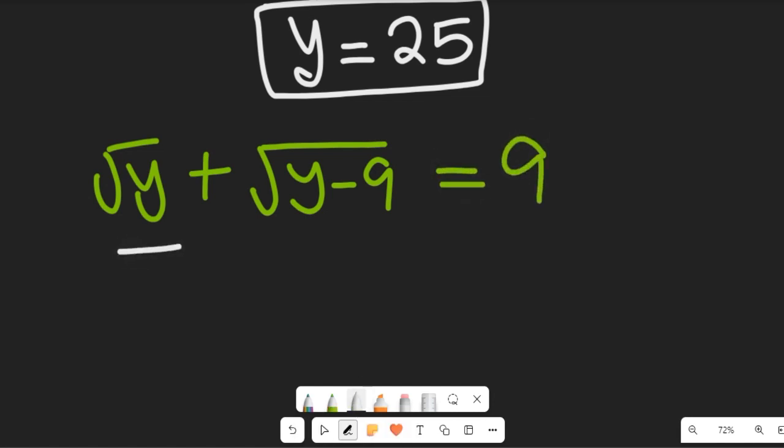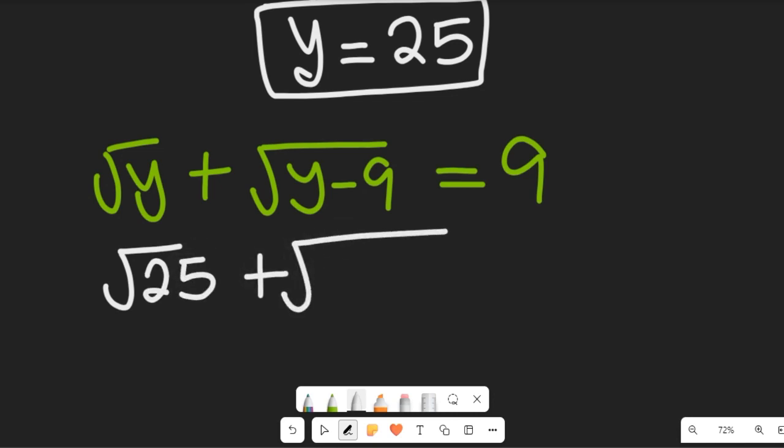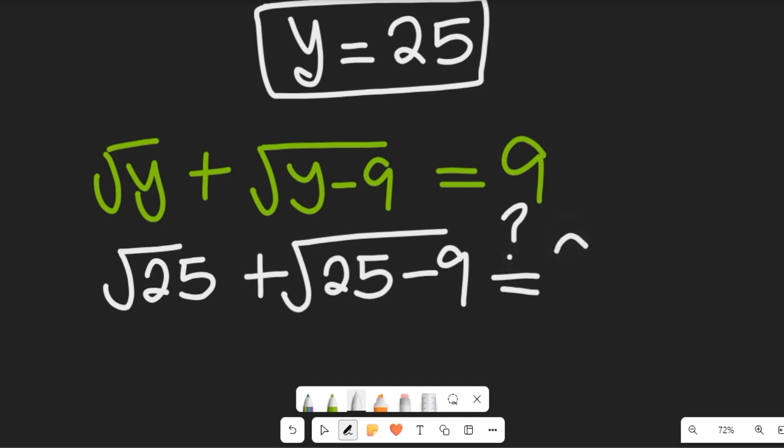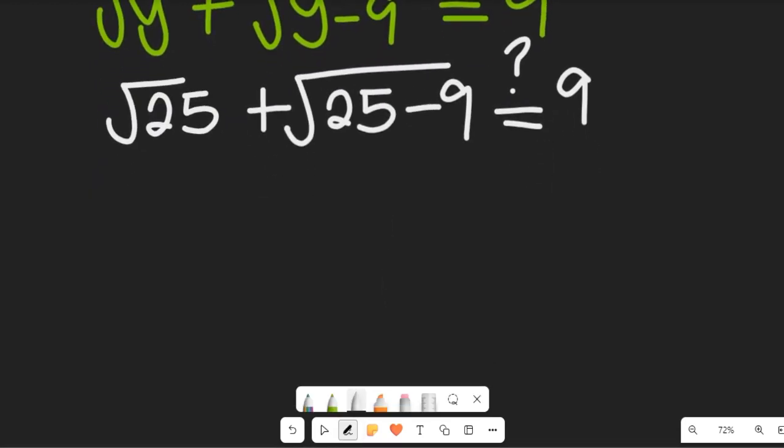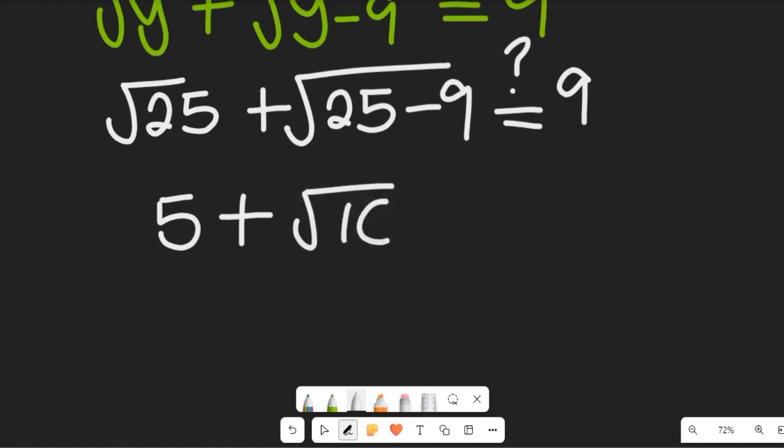If we insert the value 25, we have the square root of 25, a perfect square, plus the square root of 25 minus 9. Now, is it going to give us 9? Let's find out. If we simplify that, this is going to give me 5 plus the square root of 16. Wow.